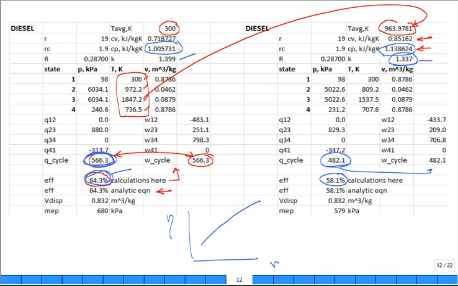Likewise for diesel, the same trend. Here they also have different cutoff ratios, so there'll be a couple of different lines of cutoff ratio.